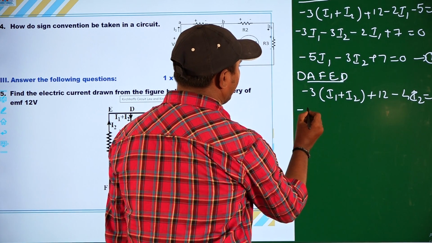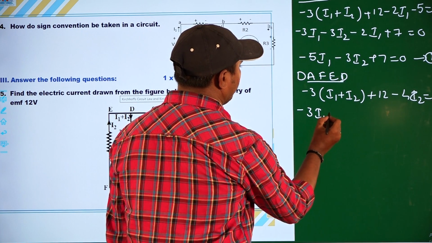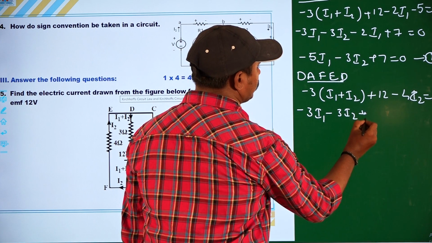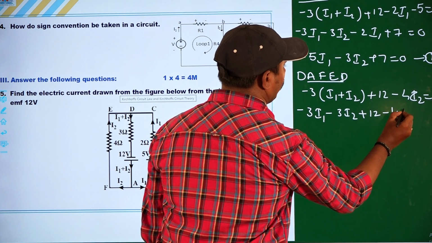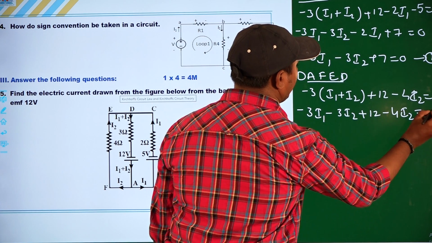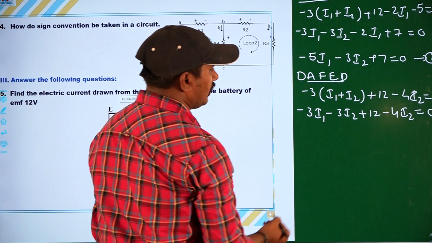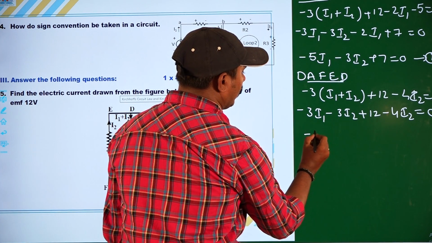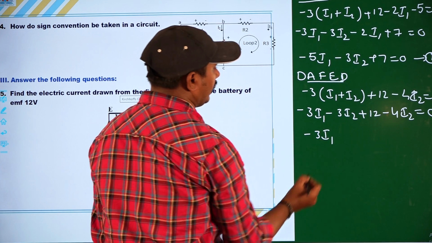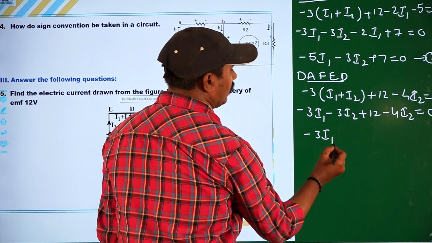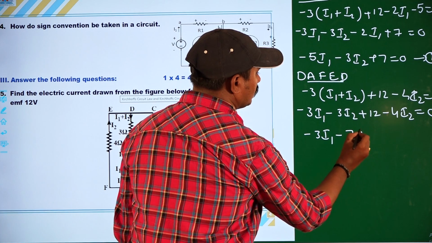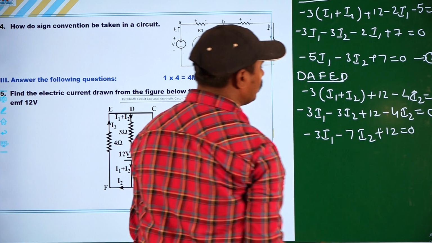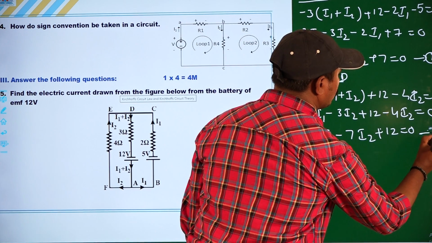Let's multiply: -3I1 minus 3I2 plus 12 minus 4I2 is equal to 0. Here, -3I1 minus 3 minus 4, so minus 7I2, plus 12 is equal to 0. This is equation 2.